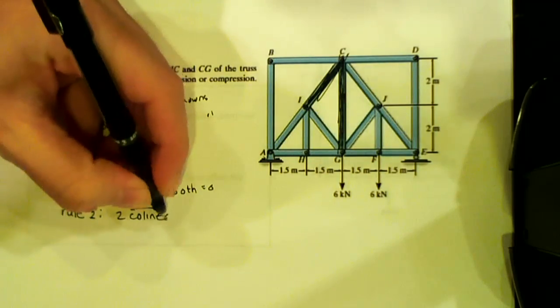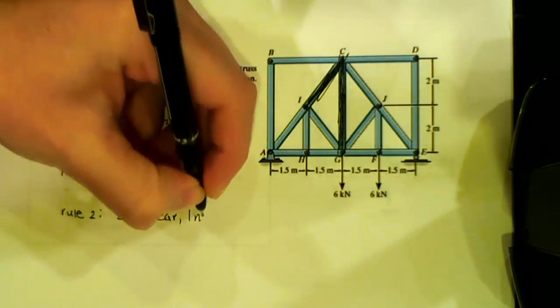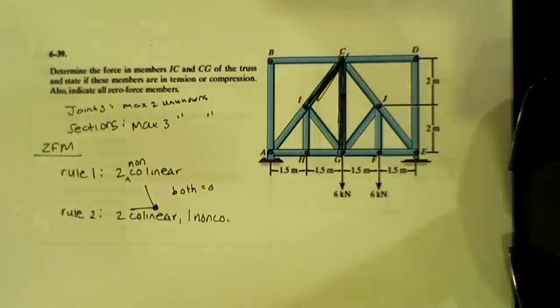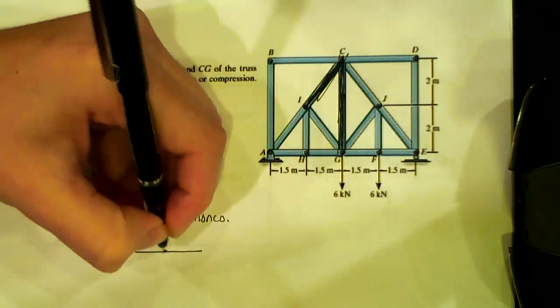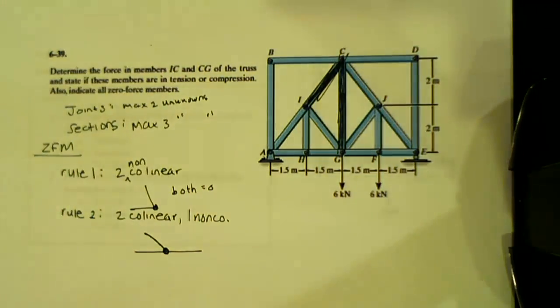And then what is rule 2? 2 collinear, 1 non-collinear. Does it have to be at a 90-degree angle from the 2 collinear ones? No, it does not. You can have something like this, and that member is not at 90 degrees, but if you were to do method of joints at this joint right here, so let's do sum of forces in the y direction.